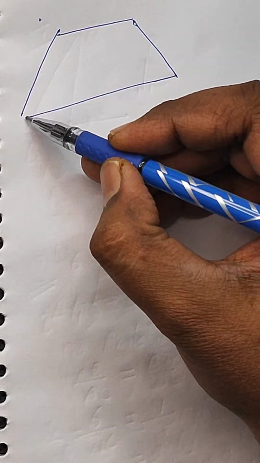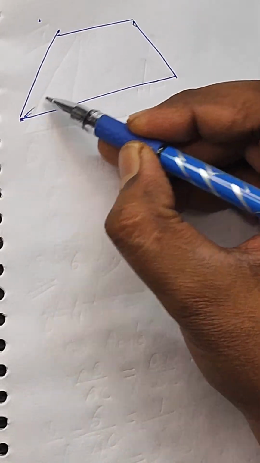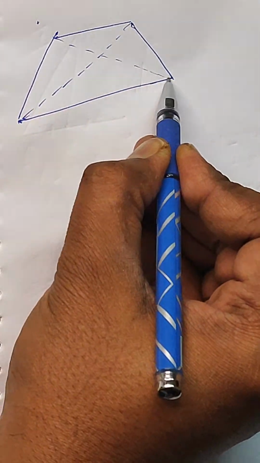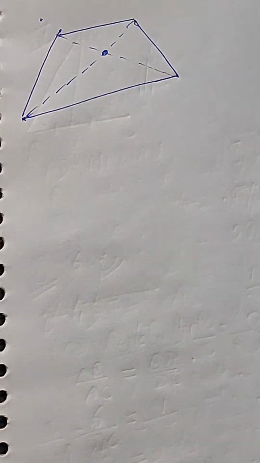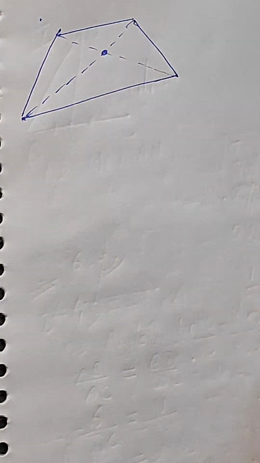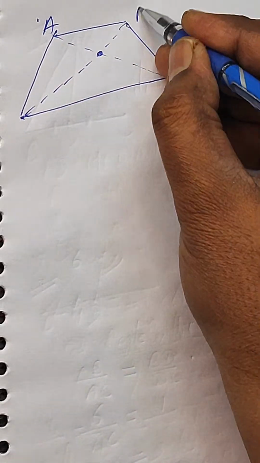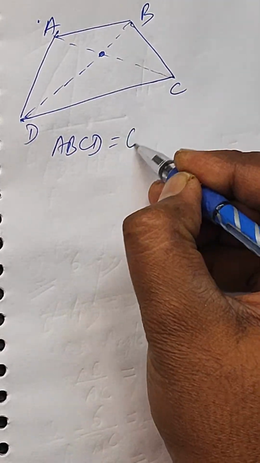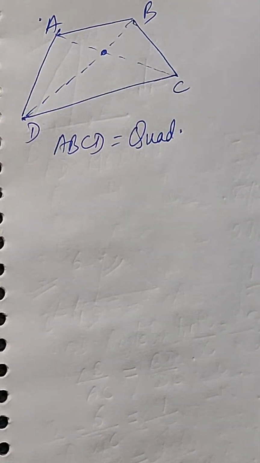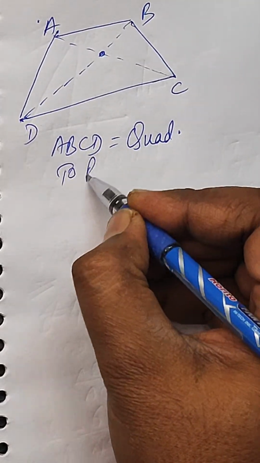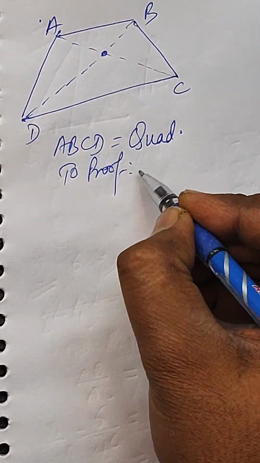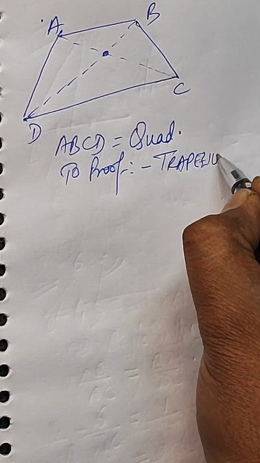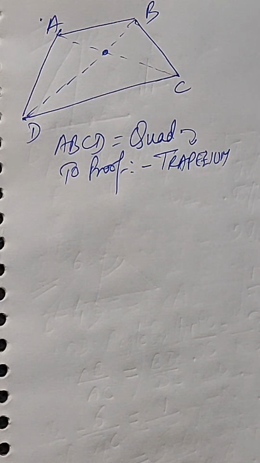If a quadrilateral is there whose diagonals are intersecting each other proportionally, then it is a trapezium. ABCD is a quadrilateral, and to prove, this quadrilateral is a trapezium.